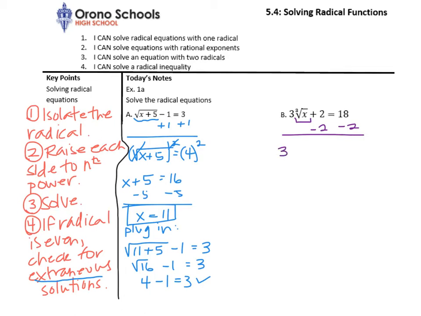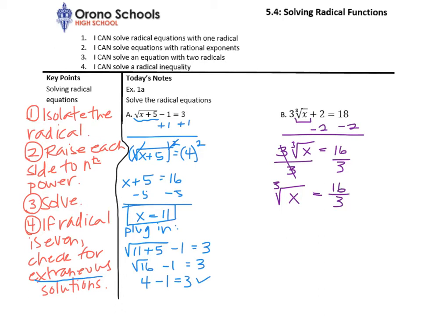That gives us 3 times the cubed root of x equals 18 minus 2, which is 16. Now divide by 3 to get rid of that coefficient out in front. And that gives us the cubed root of x is equal to 16 thirds.